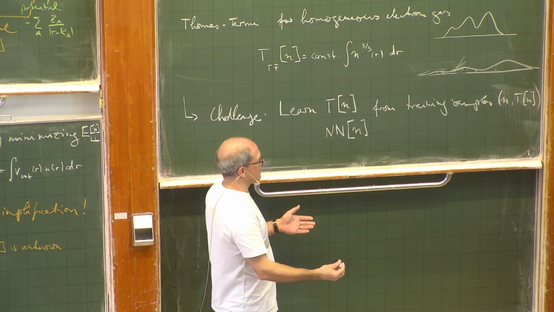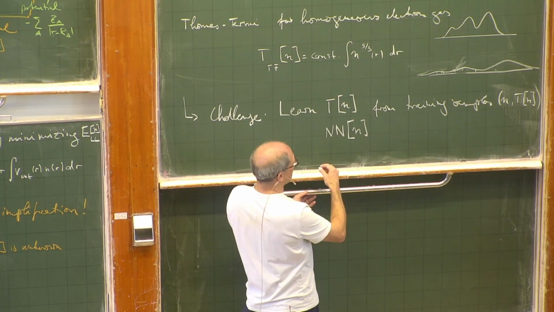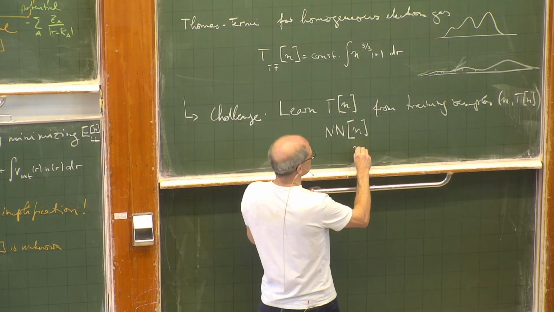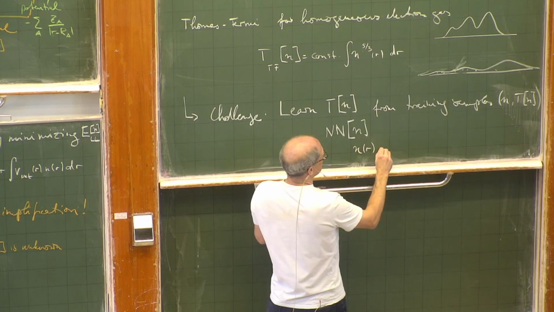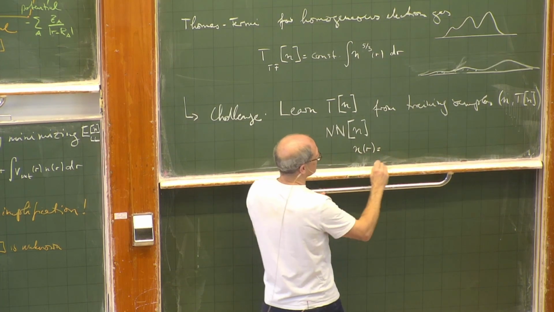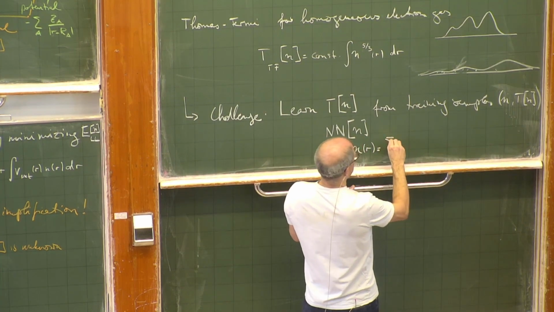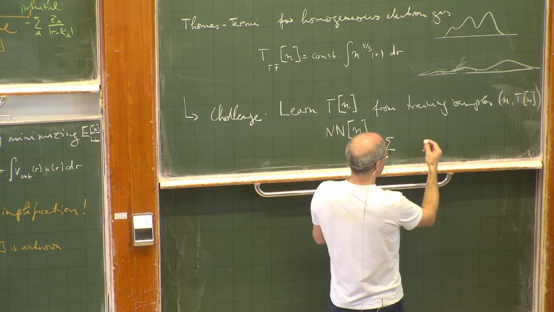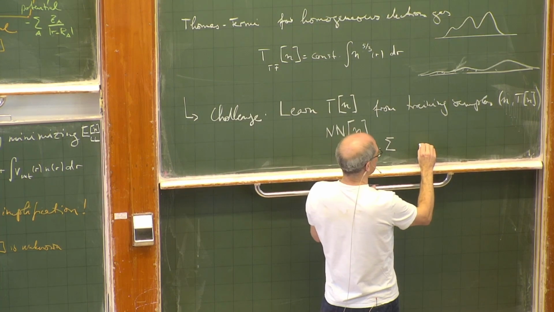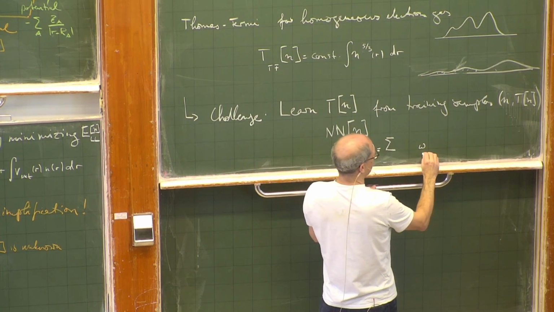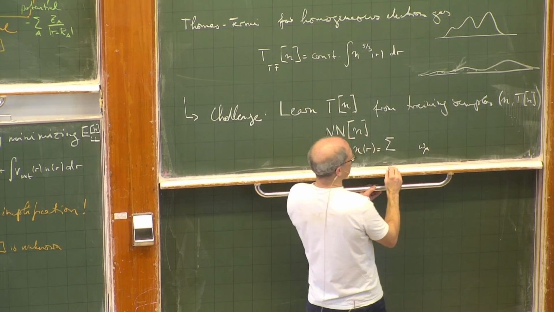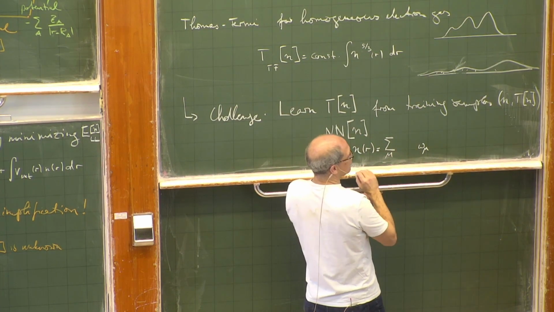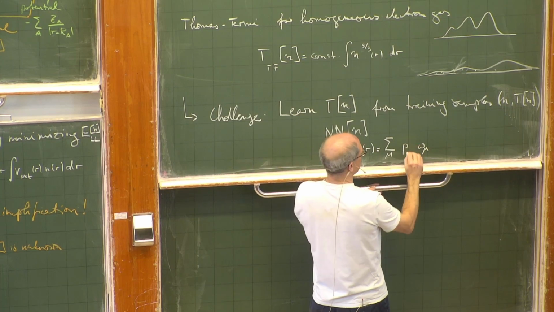But when we parameterize it, when we say that, for example, this n of r is a summation over basis functions. I'm using the notation of some particular paper here. Let's say these are basis functions. And then I need coefficients associated with these basis functions.